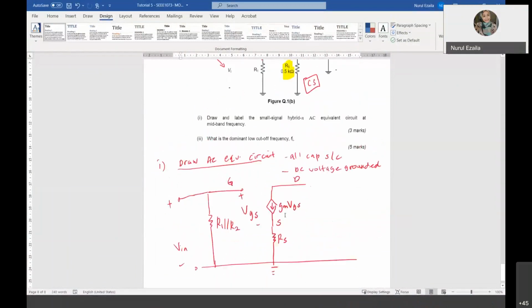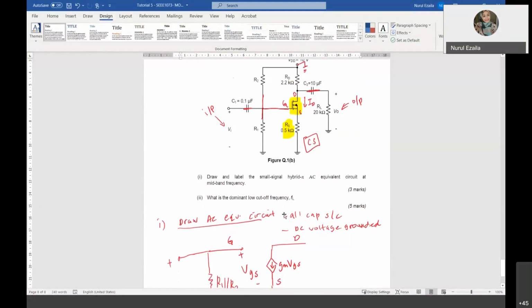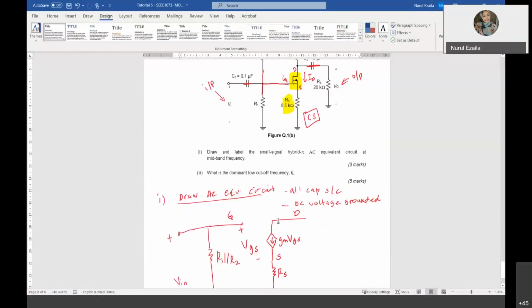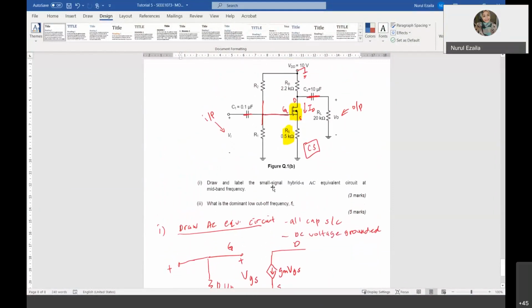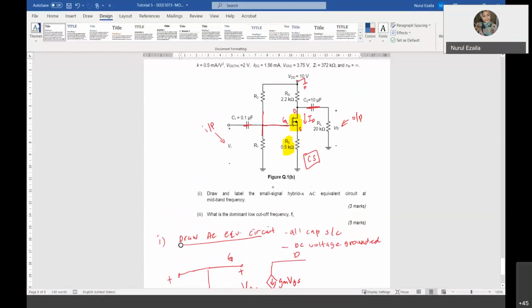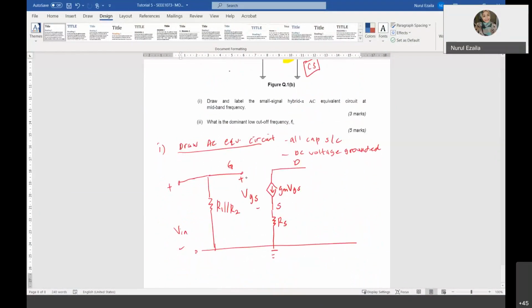At the drain, what do you have? You have RD to the ground, and you also have short circuit C2, and then RL to the ground. Therefore, at the drain you have RD and also RL.